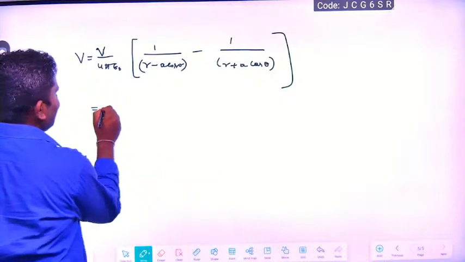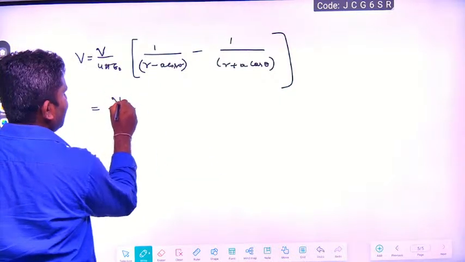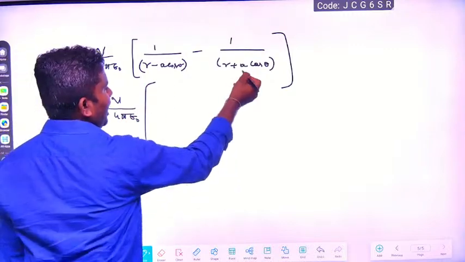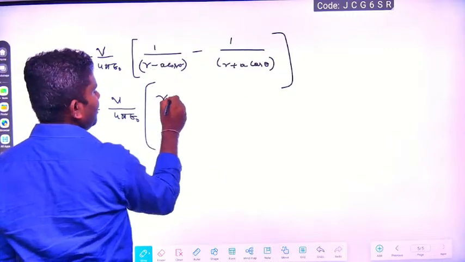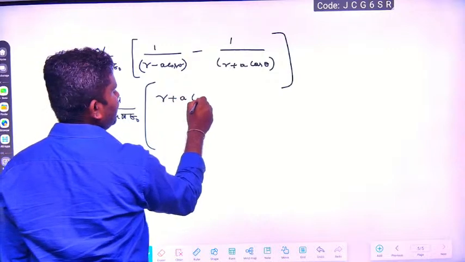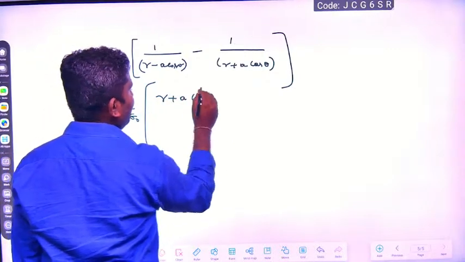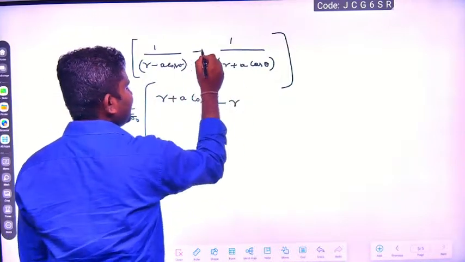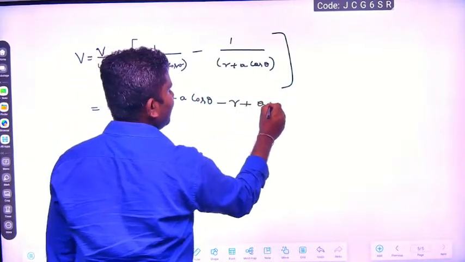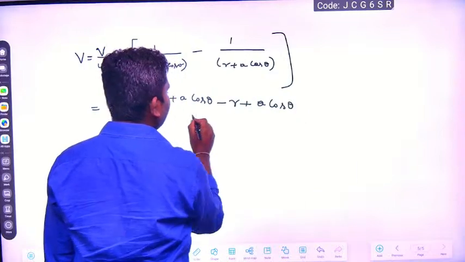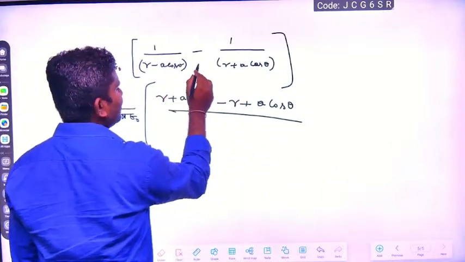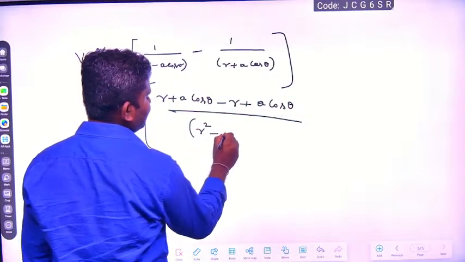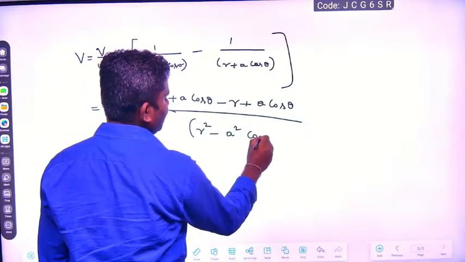Now it will be Q divided by 4 pi epsilon naught, into R plus A cos theta minus R plus A cos theta, divided by R minus A cos theta into R plus A cos theta, which is R square minus A square cos square theta.